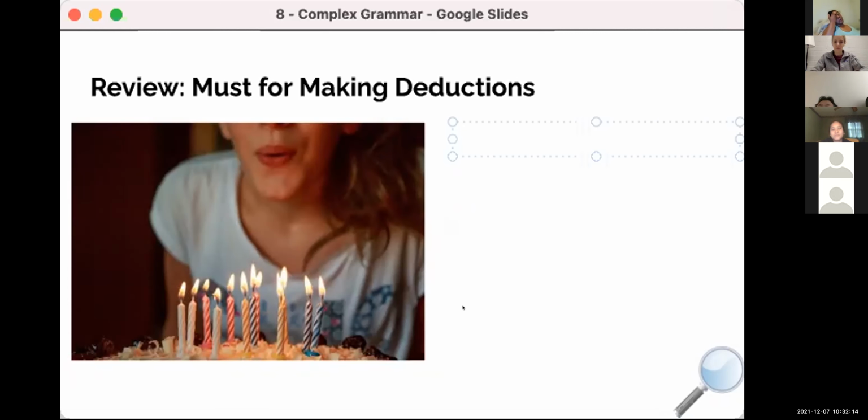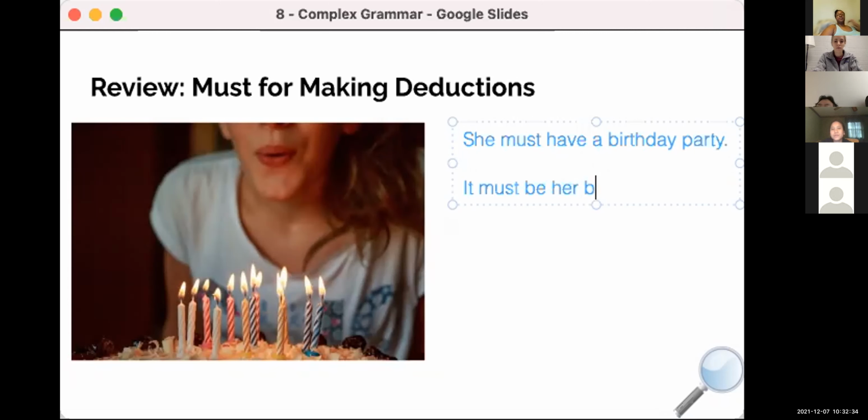She must have a birthday party, right? We see the candles on a cake. So it must be her birthday today.